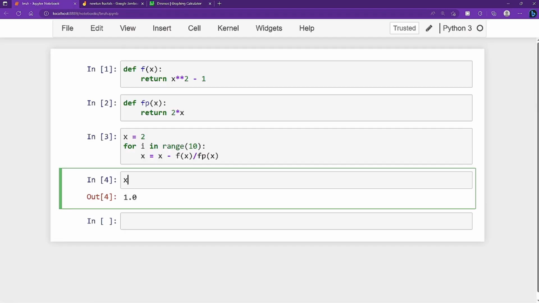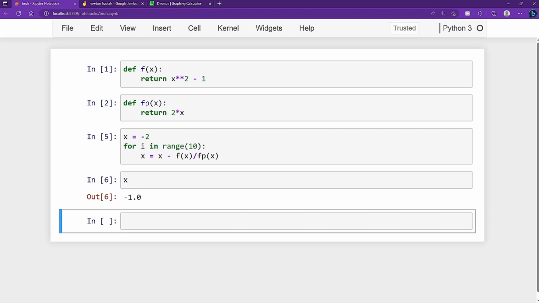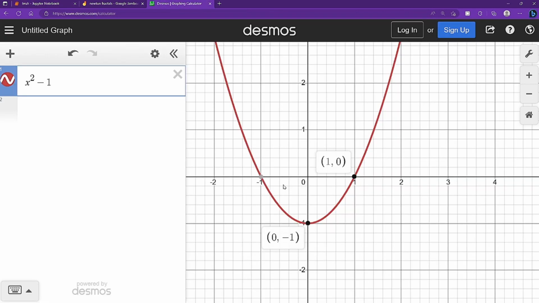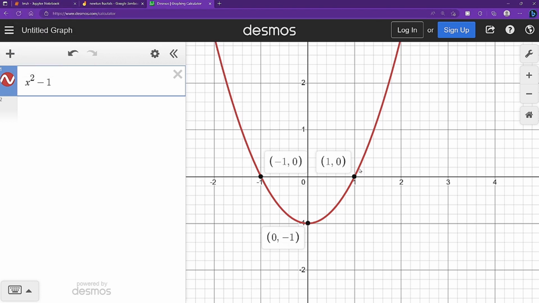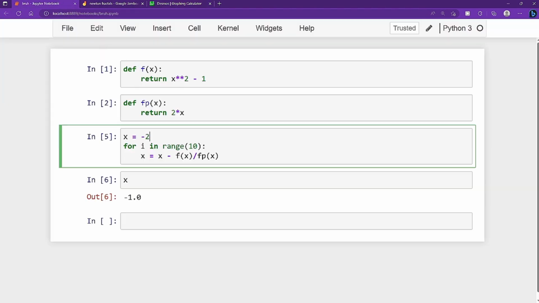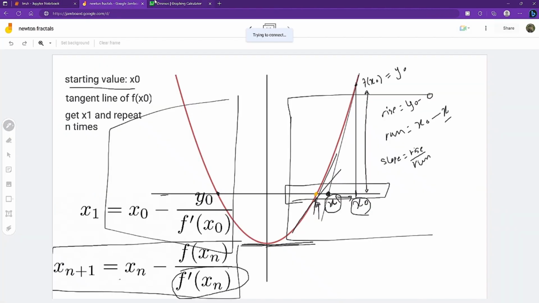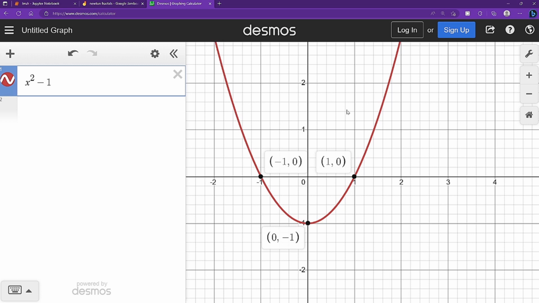Now if we started from the other side, it converges to the other root. So there's a problem here. We don't want to set manually which side we want to start from, so we have to solve this problem somehow. The problem is that we are manually giving starting points, and in reality, when we're talking about generic functions, we don't know what function we're dealing with.